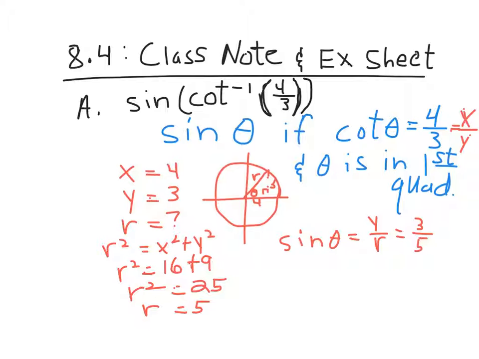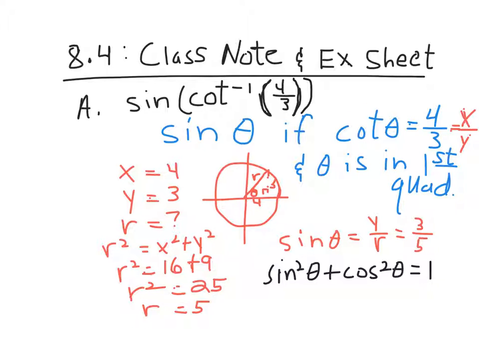Now if you prefer to stay on the unit circle, then you're going to have to use one of the Pythagorean identities, and in this case you need the Pythagorean identity that involves cotangent, which isn't the easiest one to remember. As a quick refresher, the one that you should know is that sine squared of theta plus cosine squared of theta equals 1. If you want to get cotangent squared, you need cosine over sine.